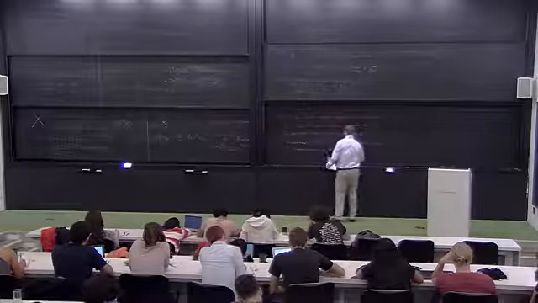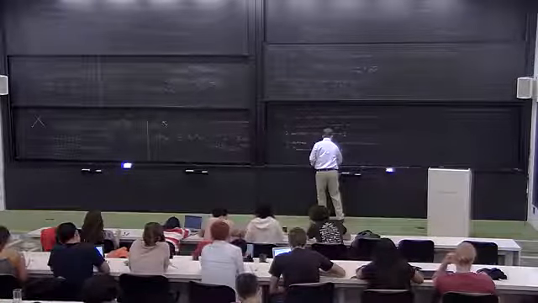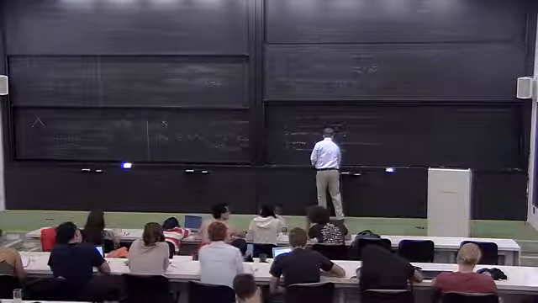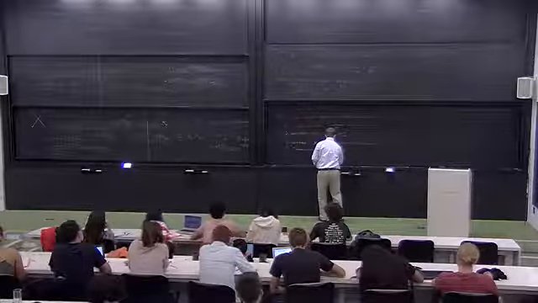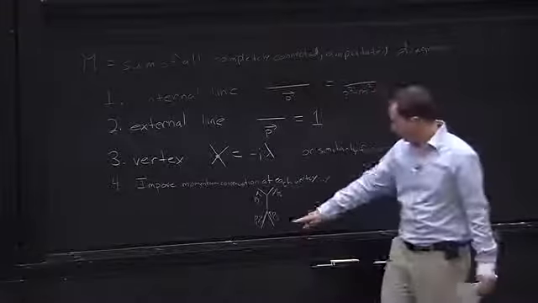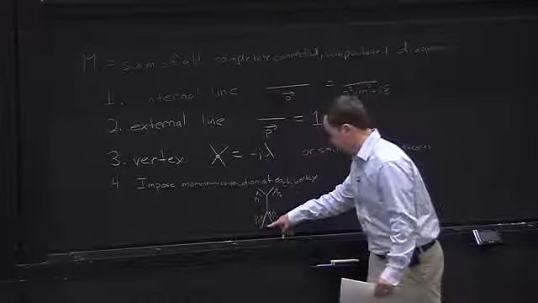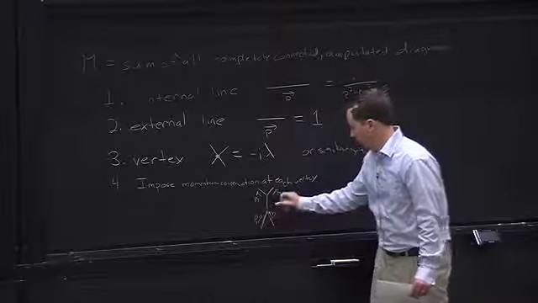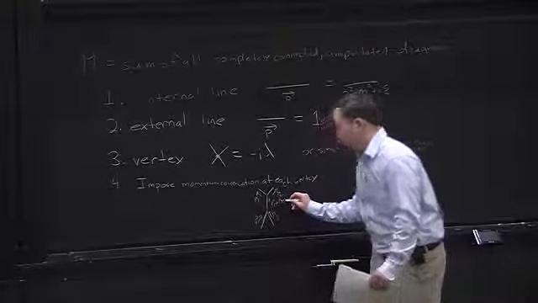So, for example, if we've got in phi cubed theory a diagram like this: P1 coming in, P2 coming in, P3 and P4 going out. Then the momentum flowing along this internal line, by momentum conservation at this lower vertex, we have P1 and P2 flowing in, so we have to have P1 plus P2 flowing out.